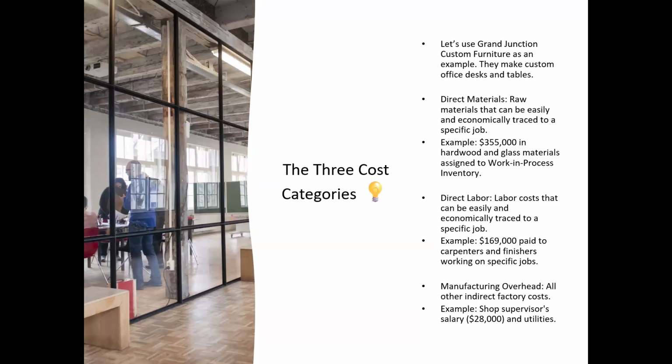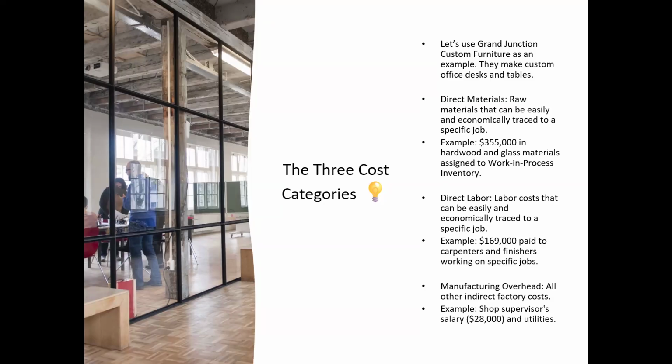Assuming we're looking at Grand Junction City custom furniture that produces desks and tables. Let's assume that this company incurred raw material costs worth $355,000. And then the direct labor cost, which are the furniture makers who have expertise or are directly involved in the conversion of wood or other accessories required to produce the desk and the table.